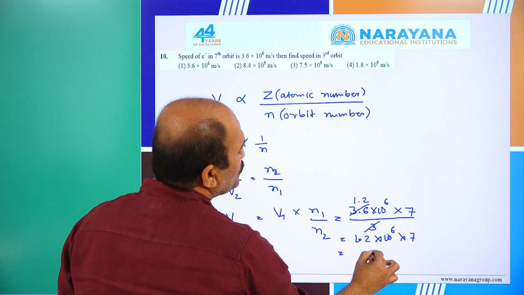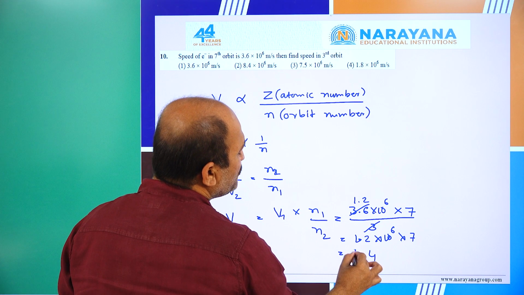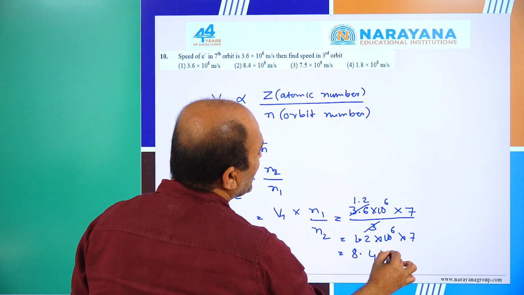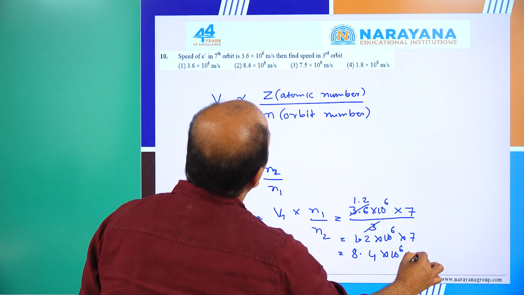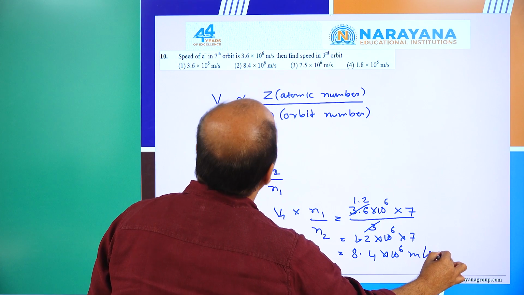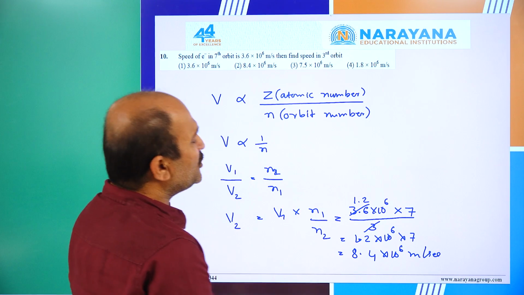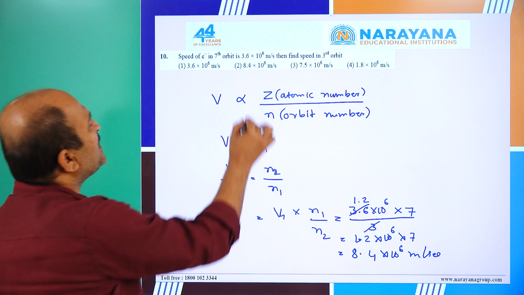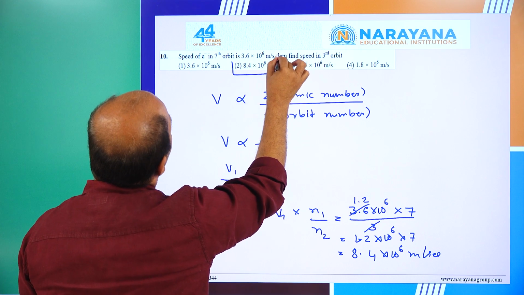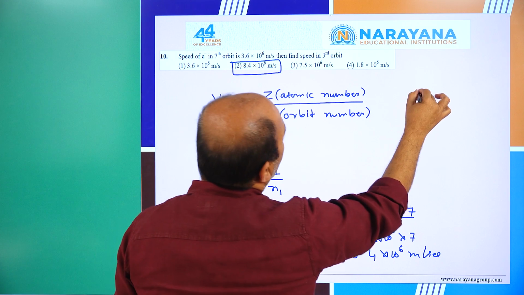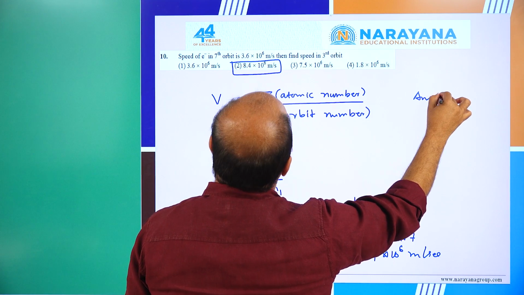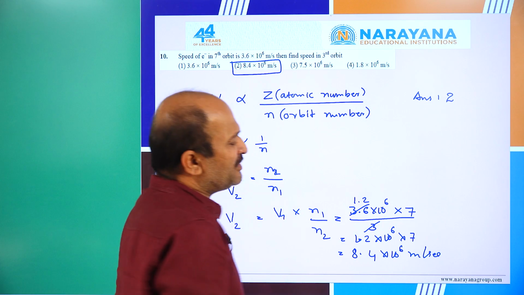So 7 twos are 14, 7 ones are 7, 8.4 into 10 power 6 meter per second. This is the answer for this question. 8.4 into 10 power 6 meter per second is the right answer. So the answer for this question is the second option among the given options.